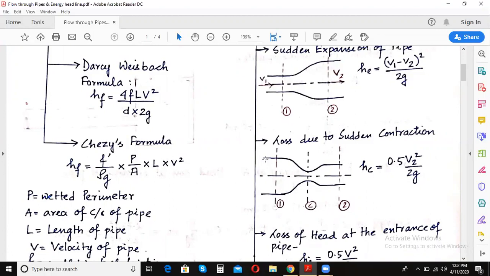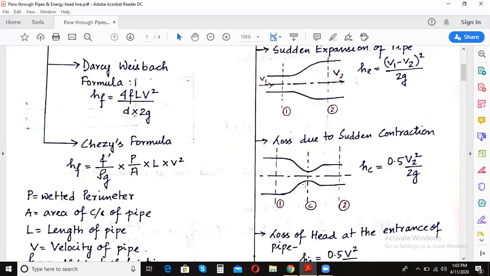Initially the diameter or the area of the pipe was bigger, then due to a sudden contraction, the cross section of the pipe has contracted very much.